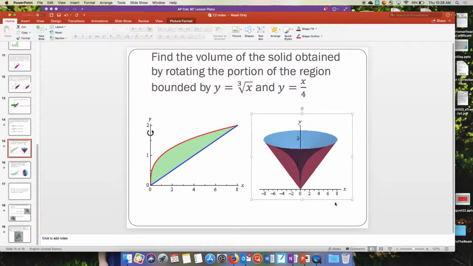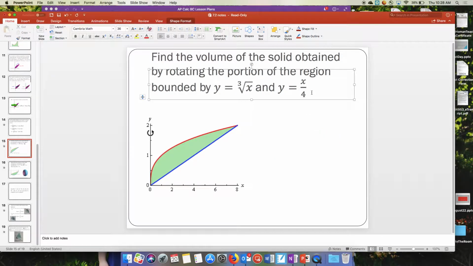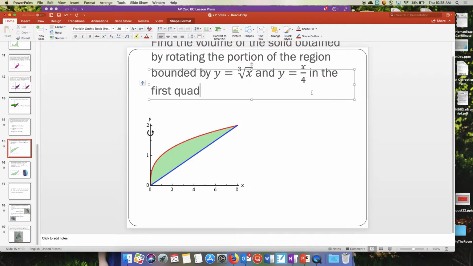It's kind of like an ice cream cone, but there wouldn't be very much ice cream inside because it's inverted, right? If you wanted the whole thing, you could just find the area in the first quadrant and double it. That is very true.